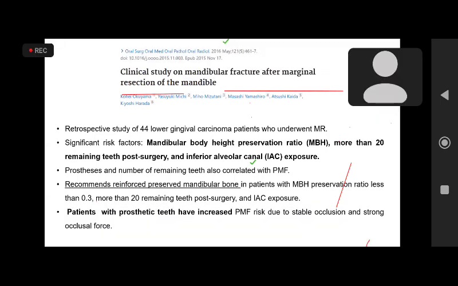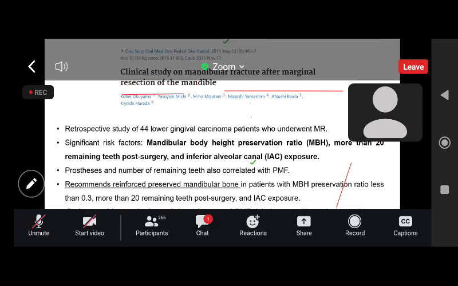So your mandible is barely on your outer cortex, and if your measurement is not good, you can be left with less than 1 centimeter at the antegonial notch. So whenever your marginal is going to go to your last molar, be very careful.